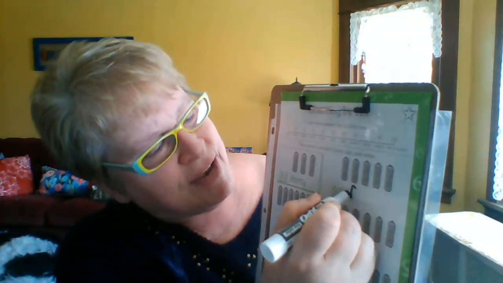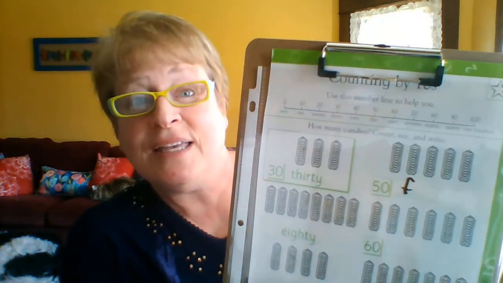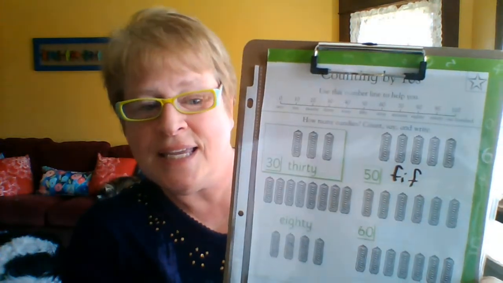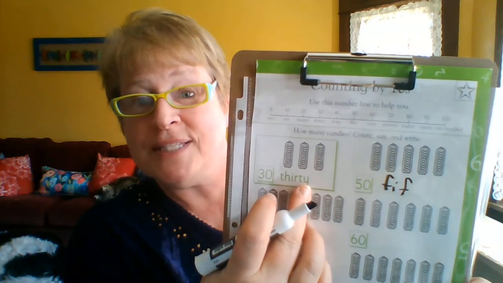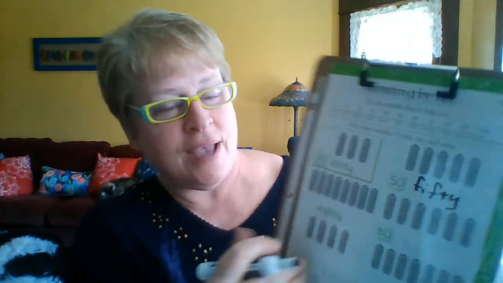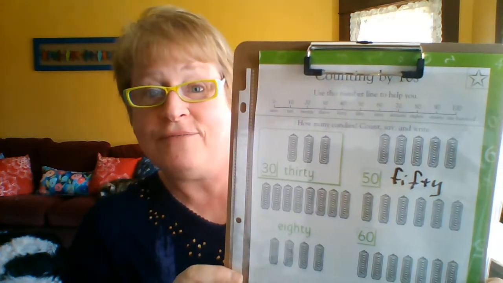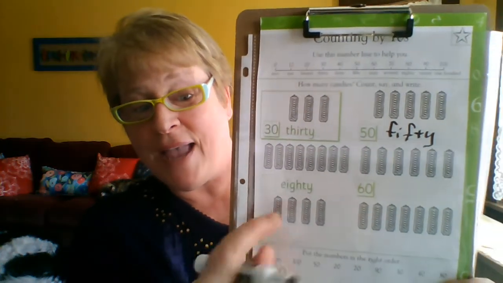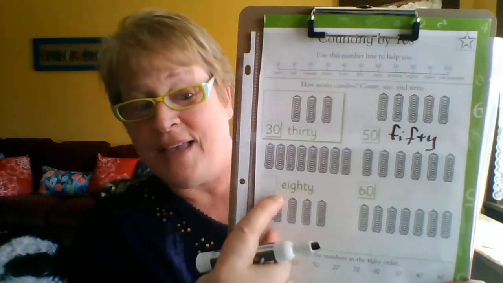So that's our letter F. We have I, short I, another F sound, and then we hear T. Now remember, 30 had a TY, so 50 will end the same way. TY, FIFTY, 50.